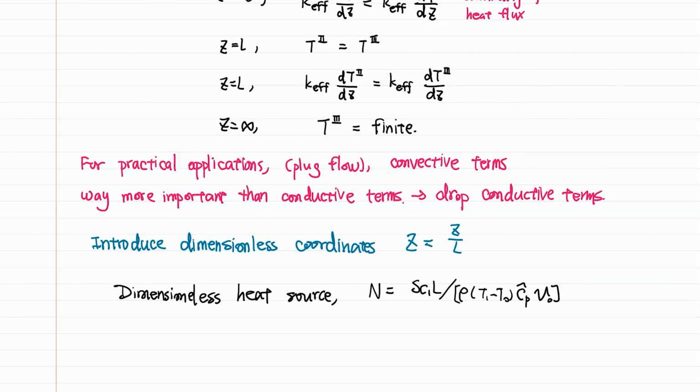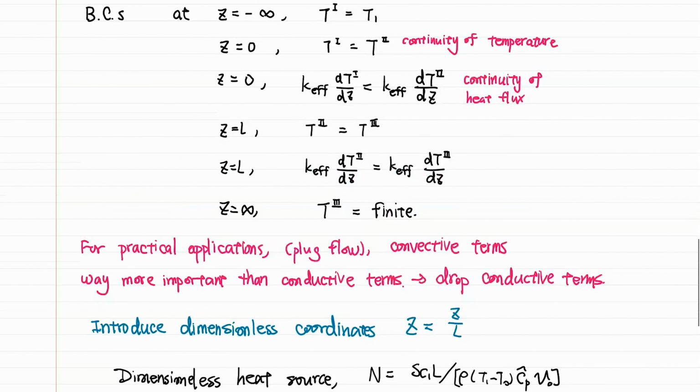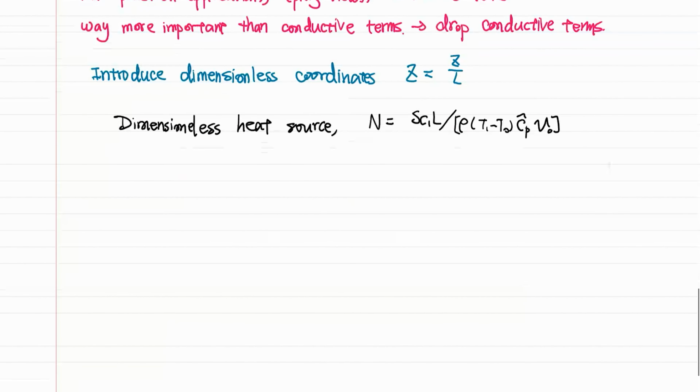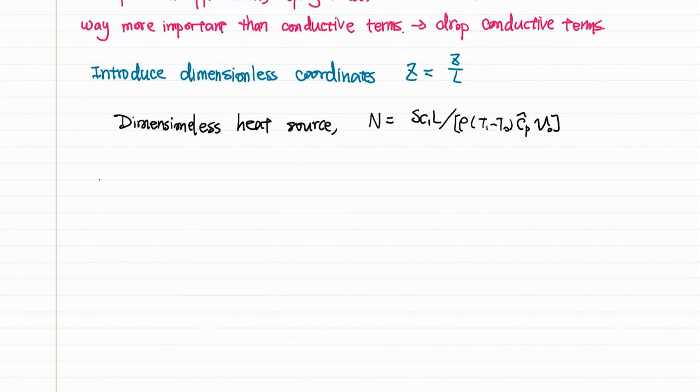So after we define all these dimensionless terms and drop out the conductive terms, here are our governing equations again. At Zone 1, so Z is smaller than 0, we have the gradient of the dimensionless temperature over the dimensionless Z bar equals 0. Let's put a bar here just to make sure we don't confuse ourselves.